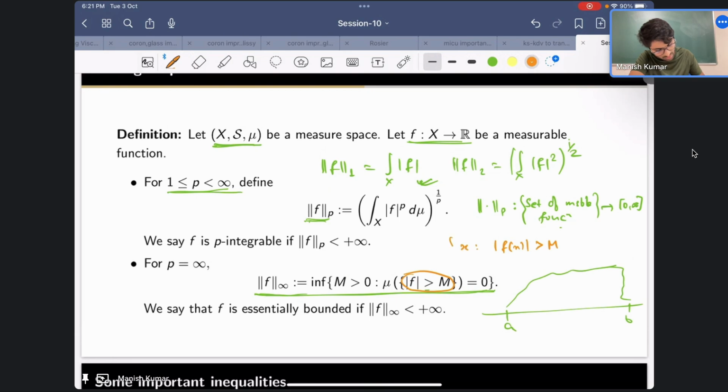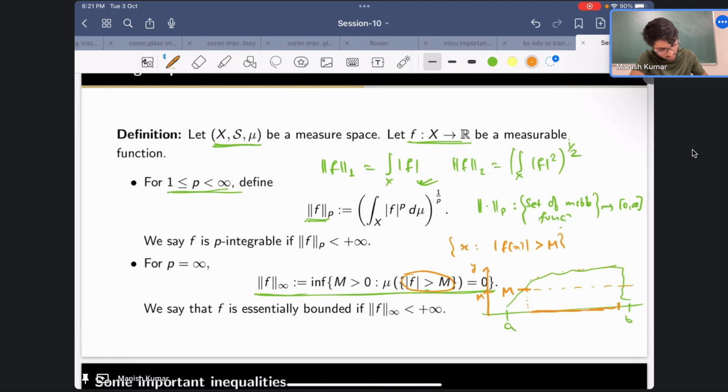Suppose m is this one, so this is my y axis, and this is my m. You have to consider those points where the function is taking value greater than m.